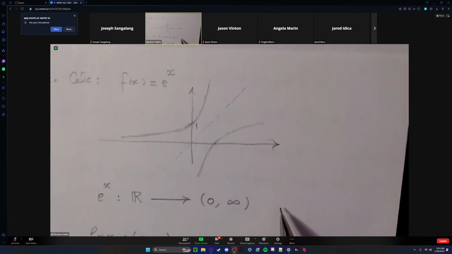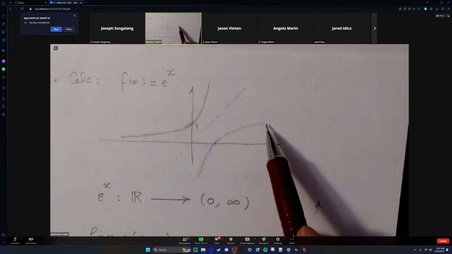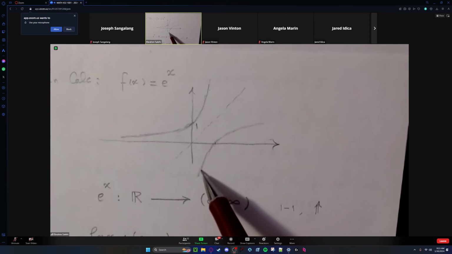Maybe I should write here. This is a one to one, strictly increasing function. As a result, it has what we call an inverse. The inverse of this function, e to the x, we call log x.